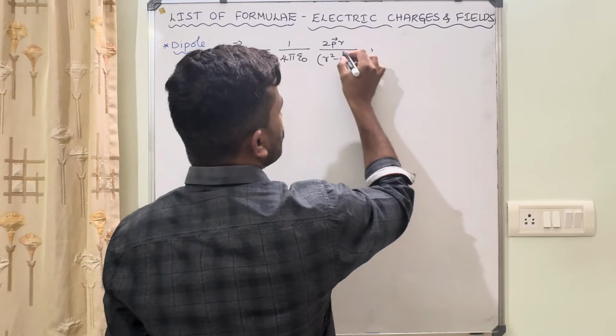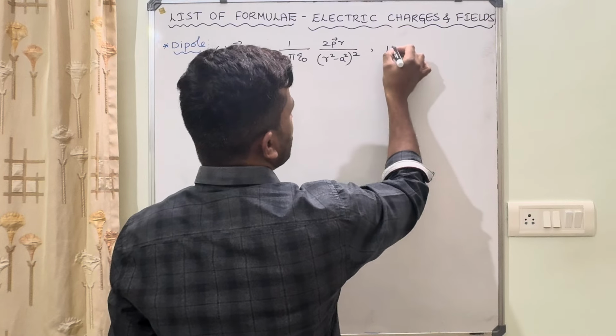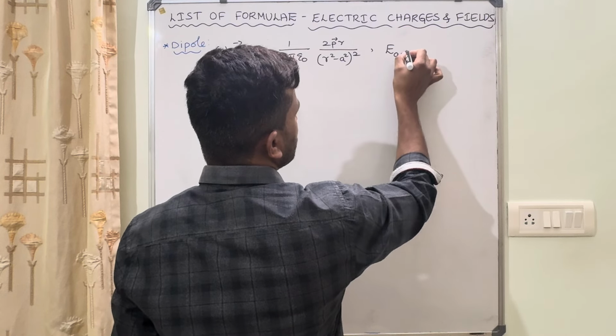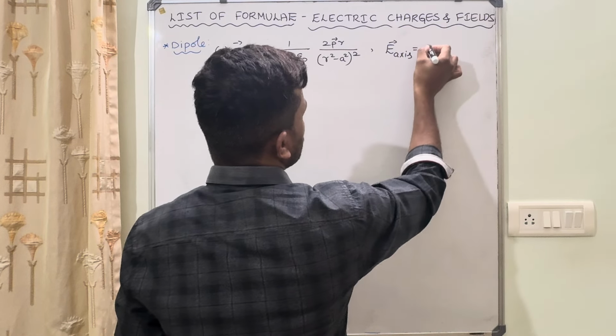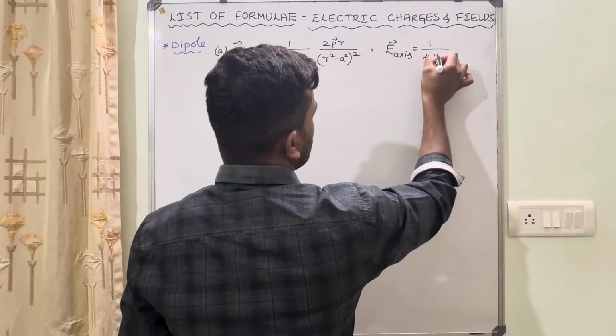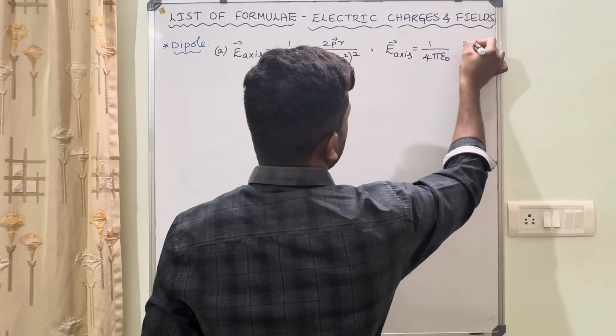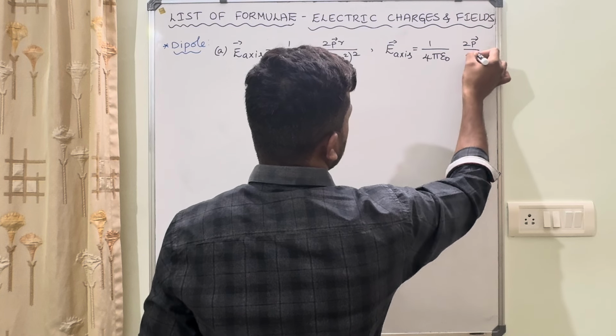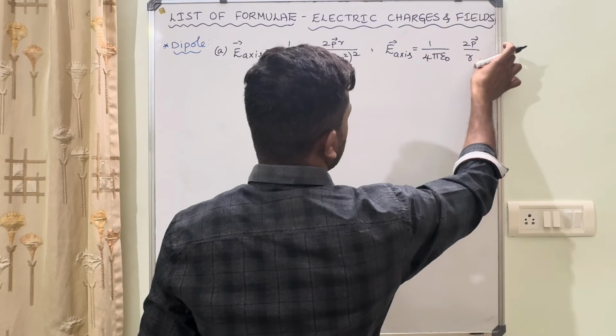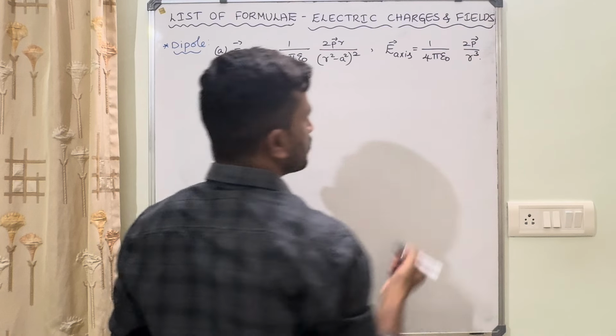The simplified one is, if r is so much greater than a, E axis is given by 1 over 4 pi epsilon naught 2p by r cube.